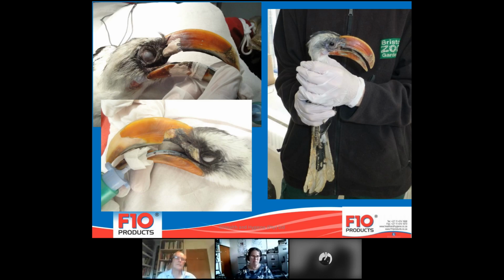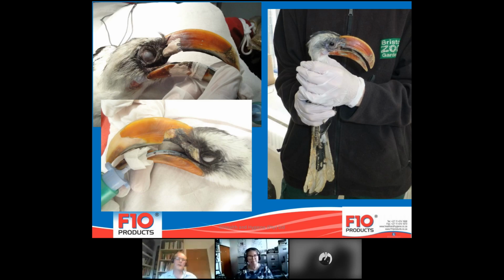At some point, we then replaced it with Q-liner, which is a sort of harder resin as a more permanent replacement. And he did very well. He did eventually rub that off, and then we saw him back, but actually by that point it was healing really nicely underneath. So that resolved completely.